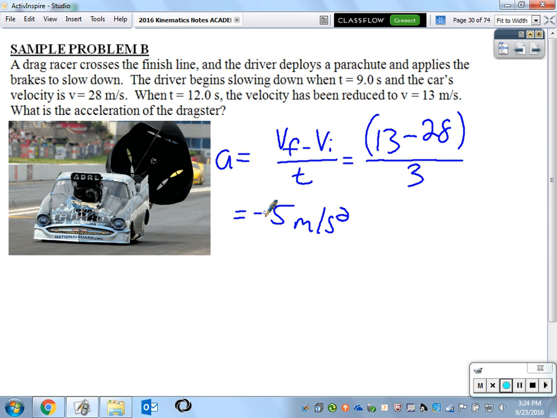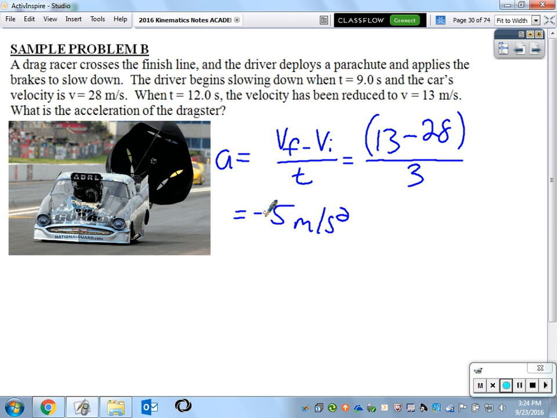When something speeds up, the displacement and acceleration are in the same direction.